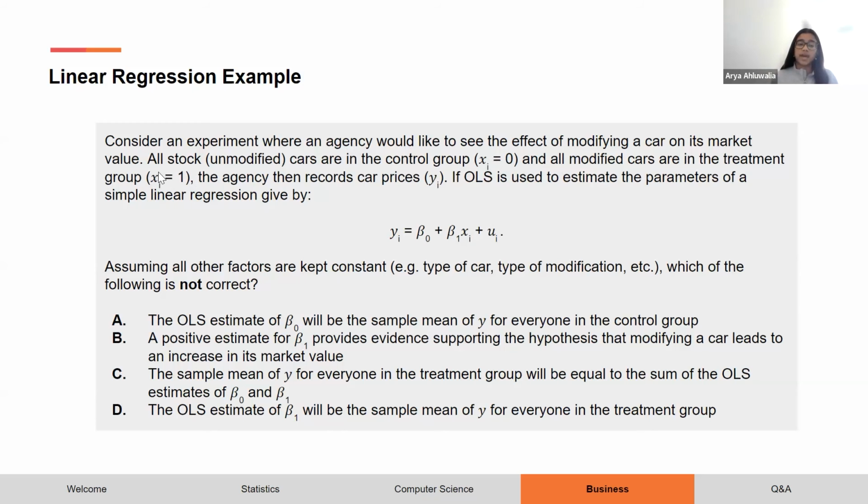We treat them as having Xi is 1. Then the agency is trying to predict car prices, which is the Y variable or the dependent variable. So if we use ordinary least squares to estimate the parameters, and we assume all other relevant factors are kept constant, which of the following is not correct? So let's just systematically go through all of these 4 options and see which one turns out to be not correct.